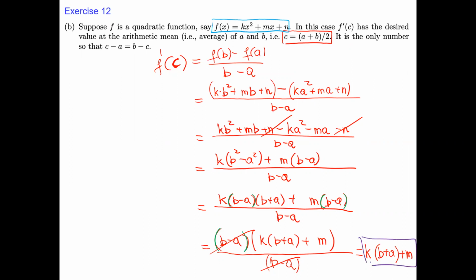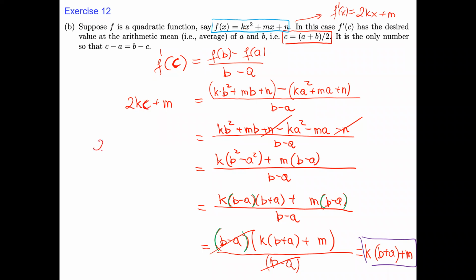Right? So what we can do is write the derivative. The derivative of f of x will be 2kx plus m. I'm trying to find the derivative: it will be 2, because the derivative of x squared is 2x, times k, the derivative of mx is m, and plus 0. But actually my x is c, because that's the value.